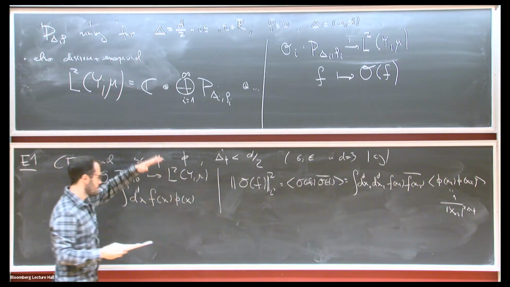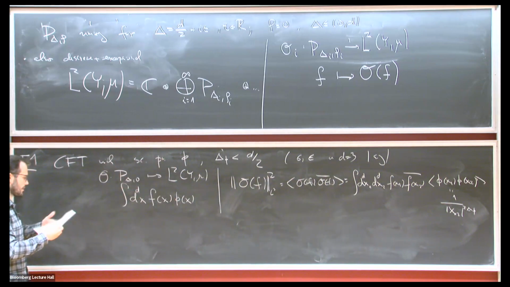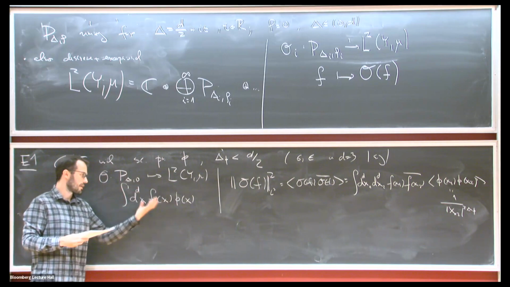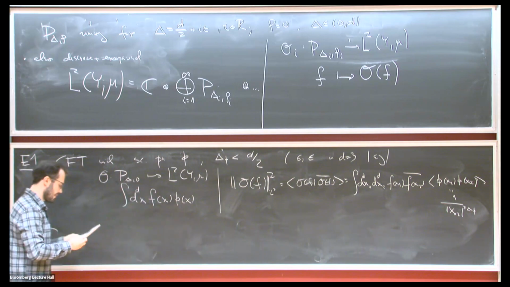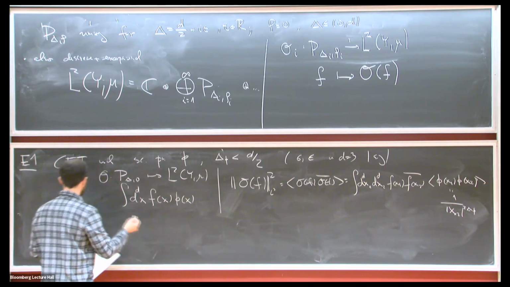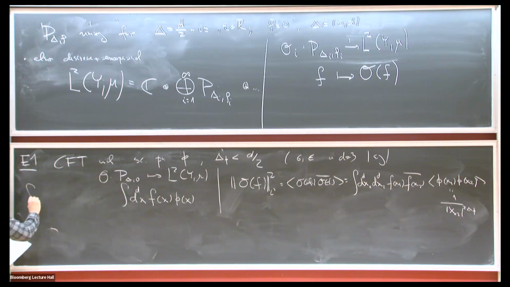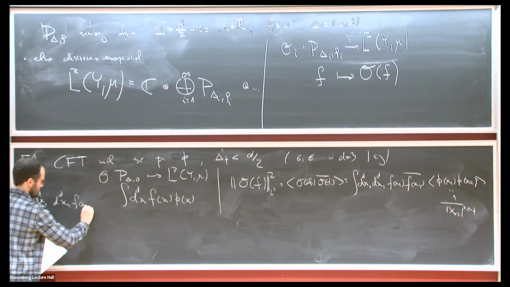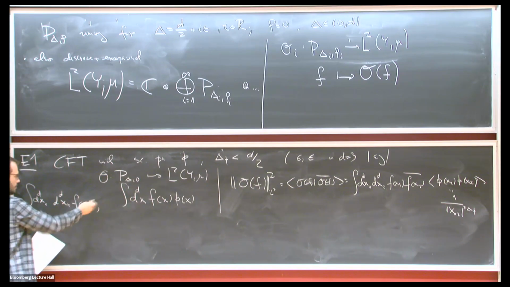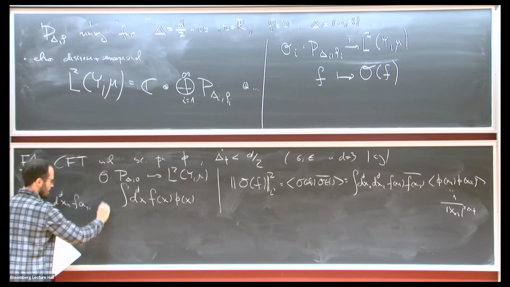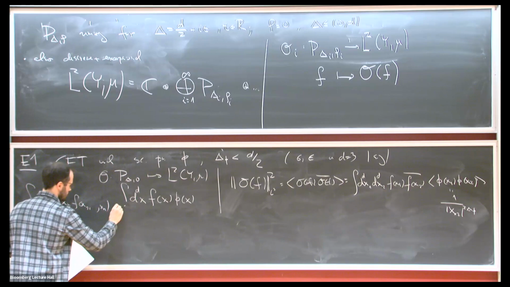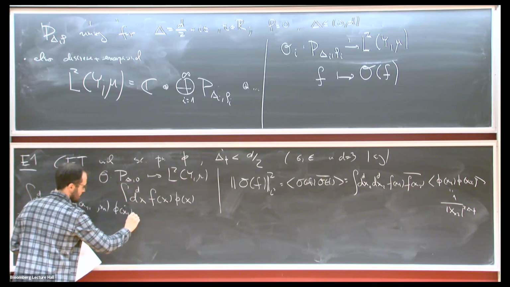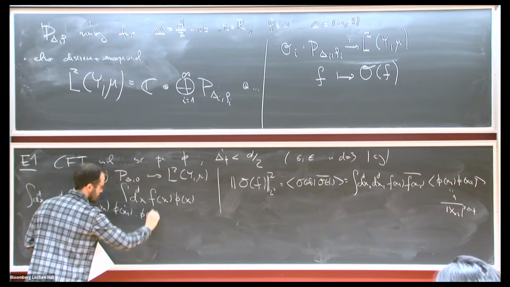This is not, of course, the most general observable for a CFT. In particular, you can also construct higher degree polynomials of phi. I'm just going to try to write them explicitly: these are higher observables, with some function, just think of it as a smooth function of compact support, times phi(x1) through phi(xn).